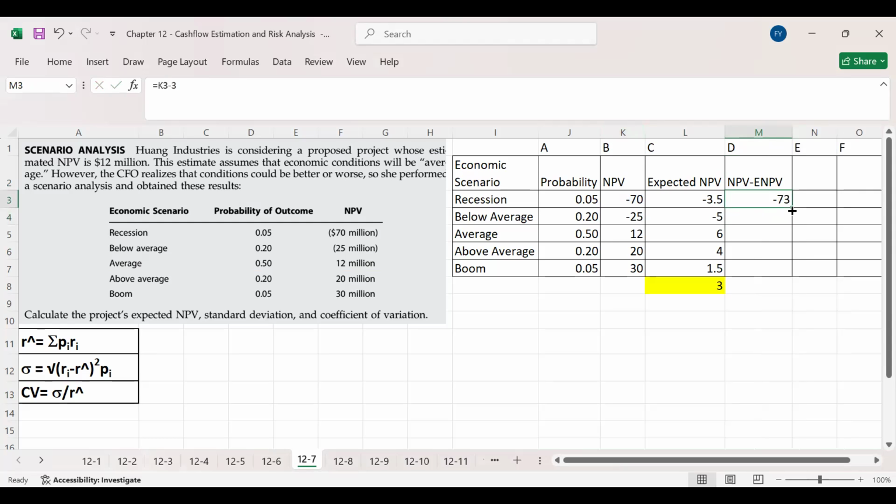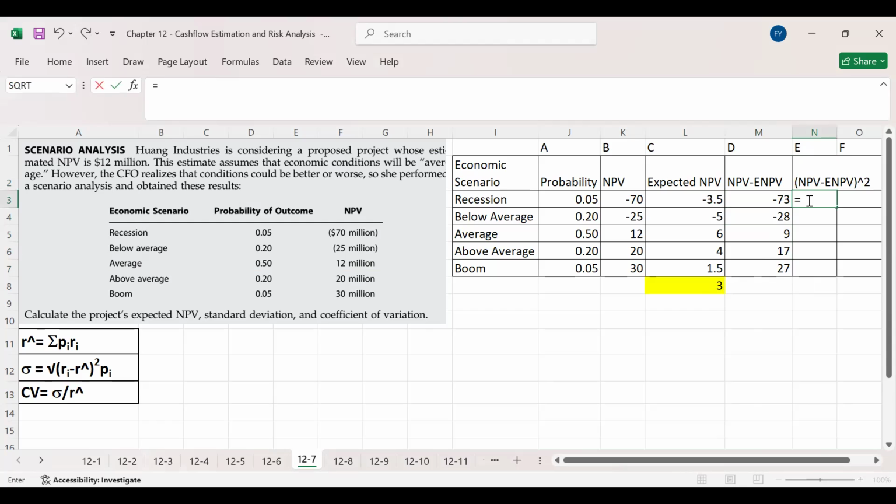This 3 remains constant as it is the average. Here we have NPV minus ENPV, where ENPV means expected NPV, which we calculated as 3 million.